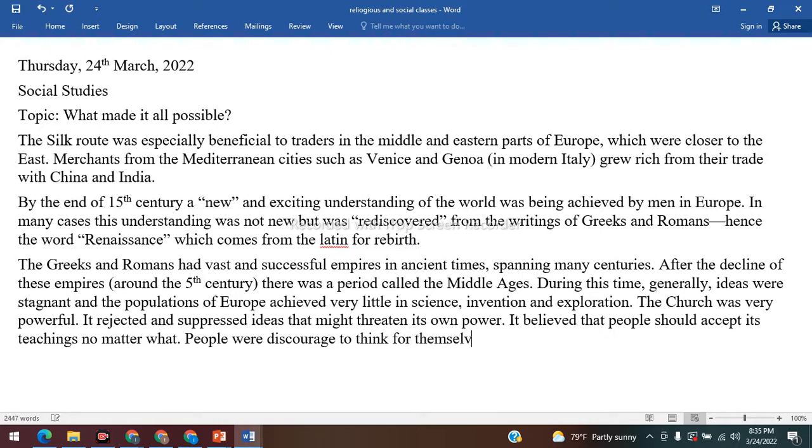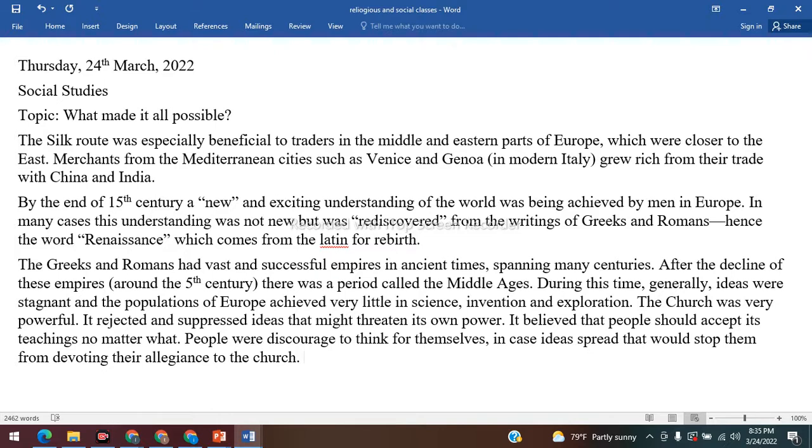So don't think for yourself, we do all the thinking for you. In case ideas spread that would stop them from devoting their allegiance to the church.